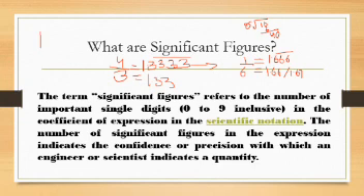Suppose we have a number 1.345. The last digit is called the uncertain digit because we don't know that we are exactly correct about the last digit. It may be plus or minus 1. It may be either less 1 or plus 1 or it may be the real value.